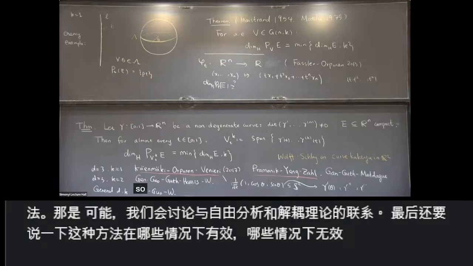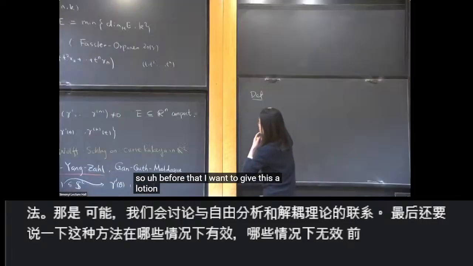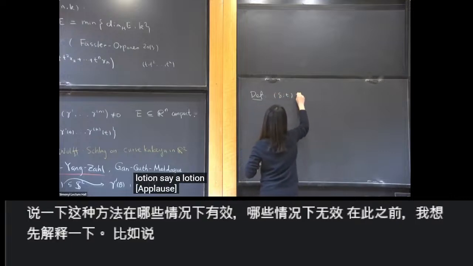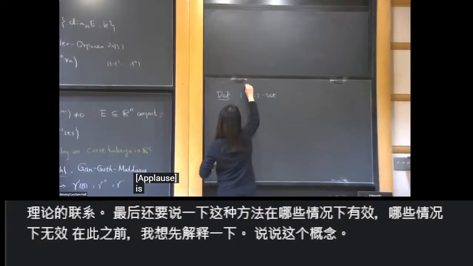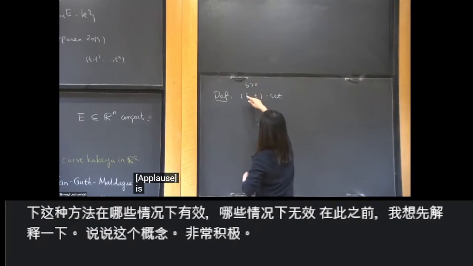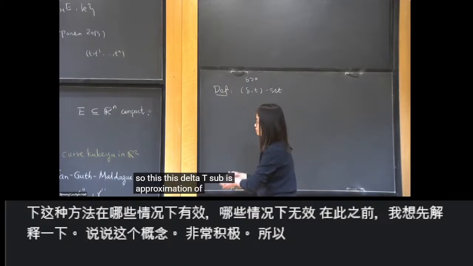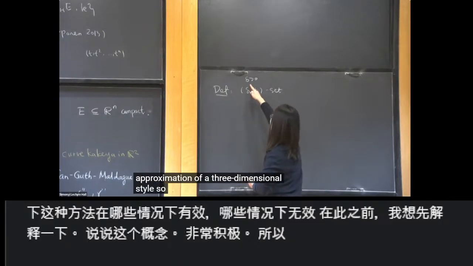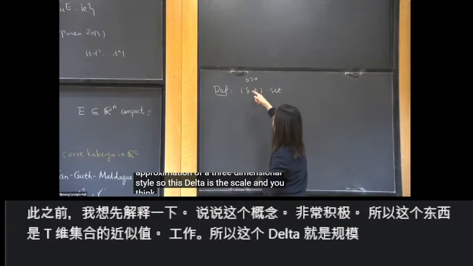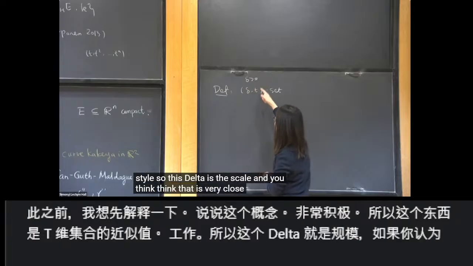Okay. So before that, I want to introduce the notion of a delta-t set. This delta-t set is an approximation of a t-dimensional set. This delta is the scale, and we should think that it's very close to 0.